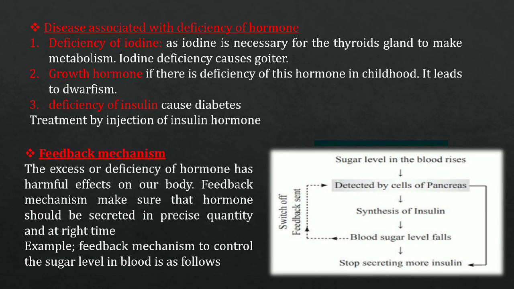In this flow chart you can see that when there is an increase in blood sugar level, it gives a signal to the pancreas to synthesize insulin, and insulin causes the sugar level to fall in the blood. Then this signal goes by the feedback system to the pancreas, and the pancreas gives a signal to stop secreting more insulin. So by this feedback mechanism, blood sugar level is maintained in our body.